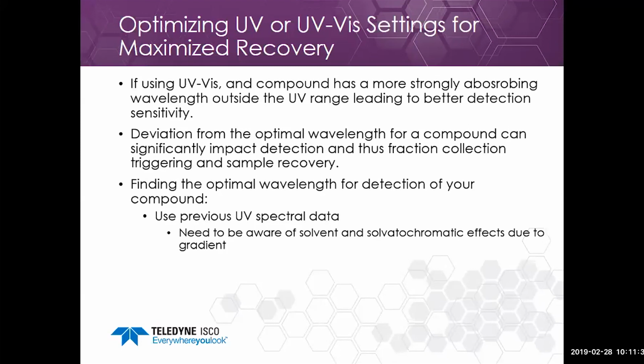To find the optimal wavelength for detection of your compound, you can use previous UV spectral data, and you need to be aware of any solvatochromic effects due to the gradient, as the spectrum changes as we change the solvent composition throughout a gradient.